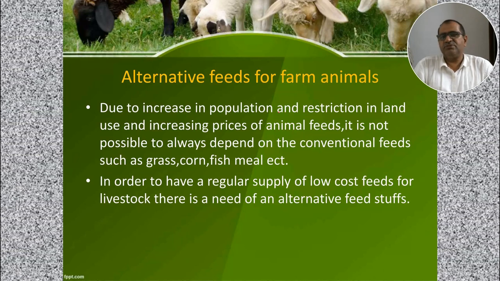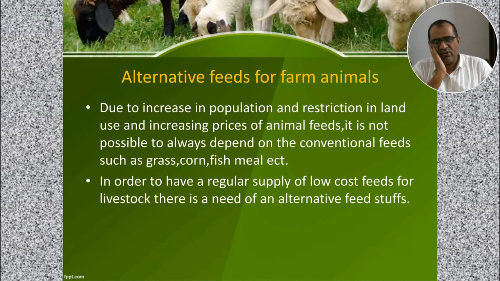And because of fodder cultivation, the prices of animal feeds are increasing, so we need to search for alternative feeds for farm animals. This is apart from the conventional feeds I have told you about, like the oil cakes, then sometimes the cereals, millets, grains.